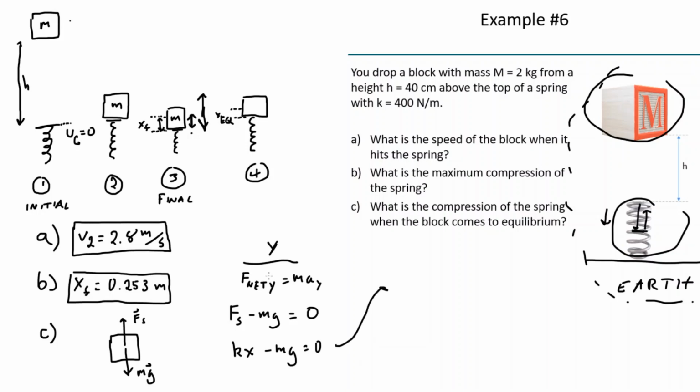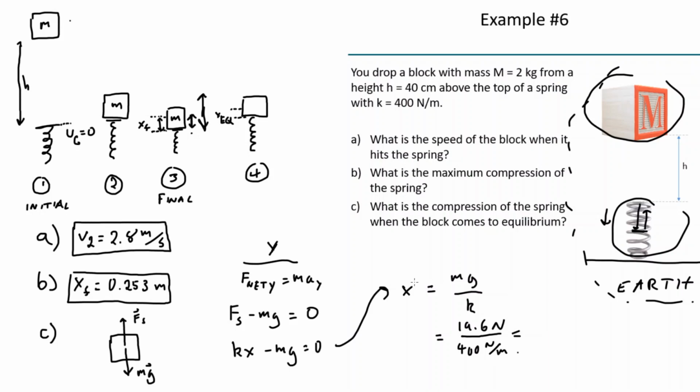And if we solve this equation for x, we get that x equals mg over k, which is, well, mg is 19.6 newtons, k is 400 newtons per meter.